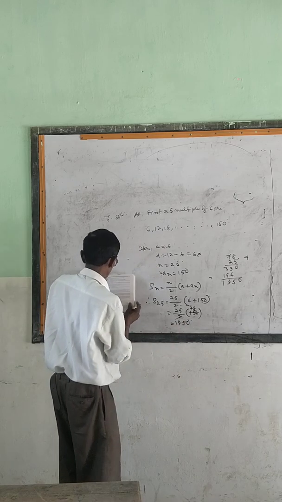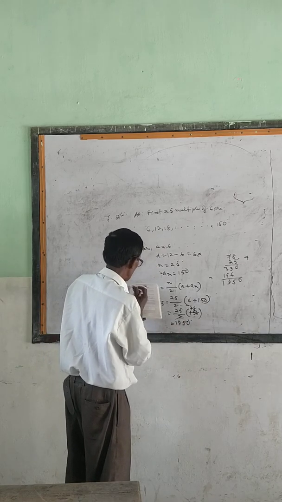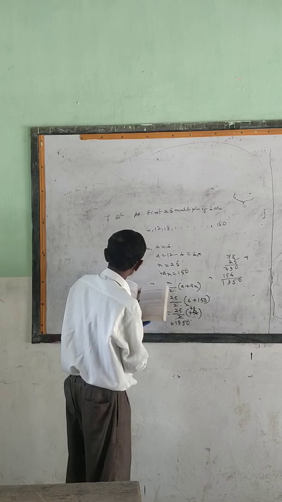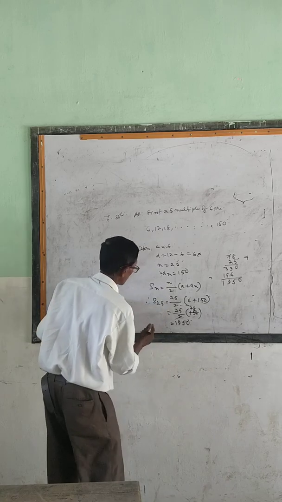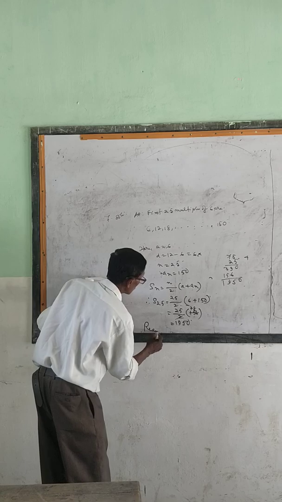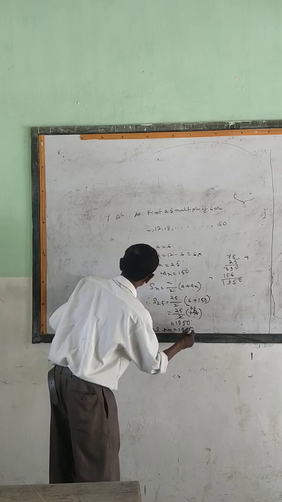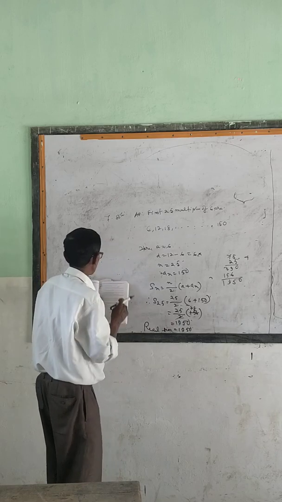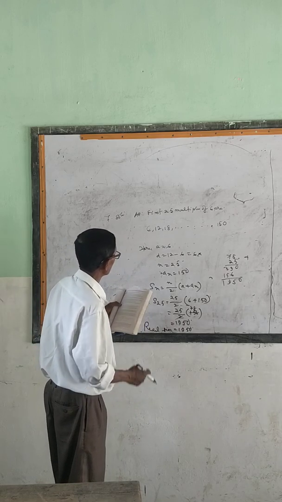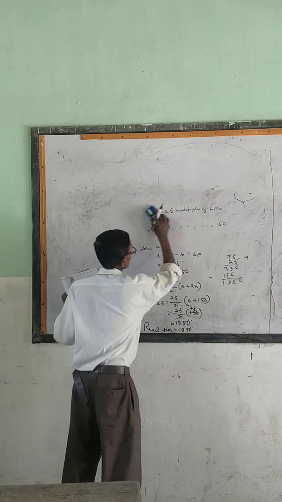Let me check the result. Question number 7. Yes, very good. So we have to write down required sum equal to 1950. So again, question number 8. Let us come to question number 8.